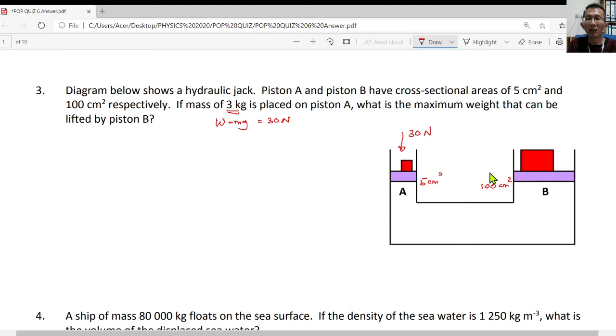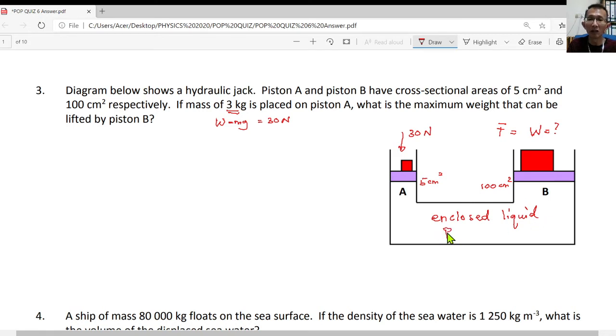And we want to find what is the maximum weight that can be lifted by piston B. Remember, our weight is actually our force. What do I know about this hydraulic jack? I have liquid enclosed in this container. The key word here is enclosed liquid. So what do I know about pressure in enclosed liquid?